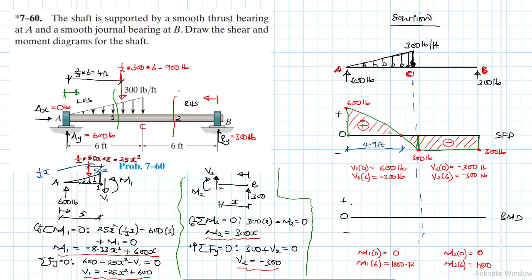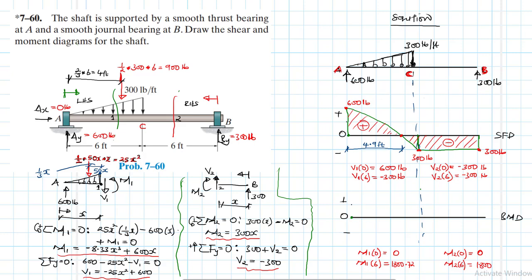So let's start doing the plot. We have 0 at A, and then we have plus 1800 at x equal to 6 feet from A to C. And when we look at this particular function, it is cubed. That's a polynomial of degree 3.